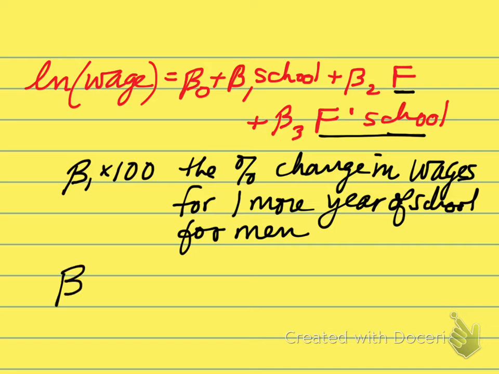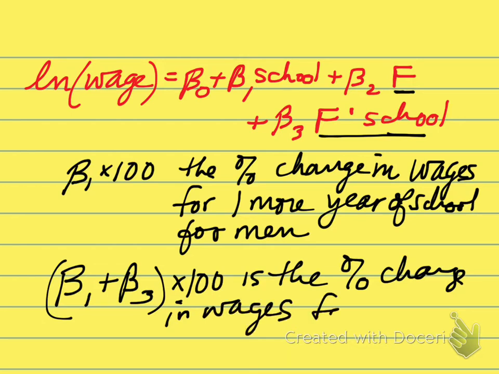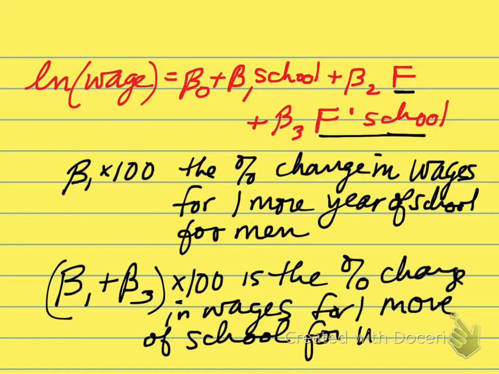And beta 1 plus beta 3 times 100 is the percent change in wages for one additional year of schooling for women. So we can have more complex interpretations.